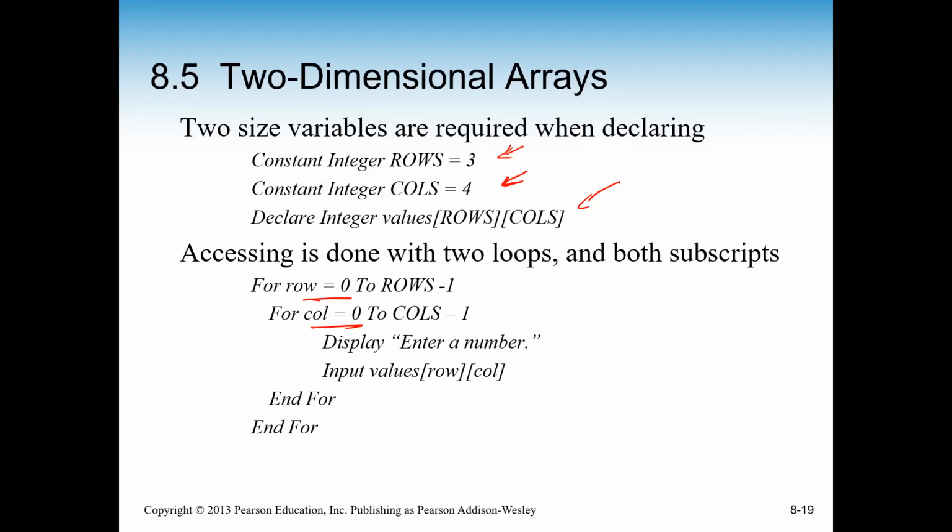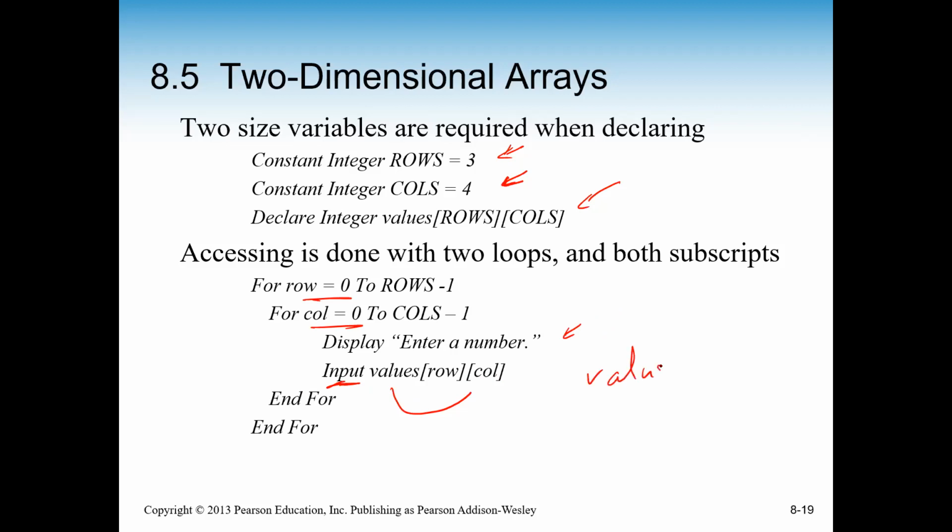Here we can write a for loop that goes from 0 to rows minus 1, and for columns 0 to columns minus 1, and then you're just going to display something. So maybe we're going to populate the array initially. So we display "enter a number," and then you input that number into the given cell.